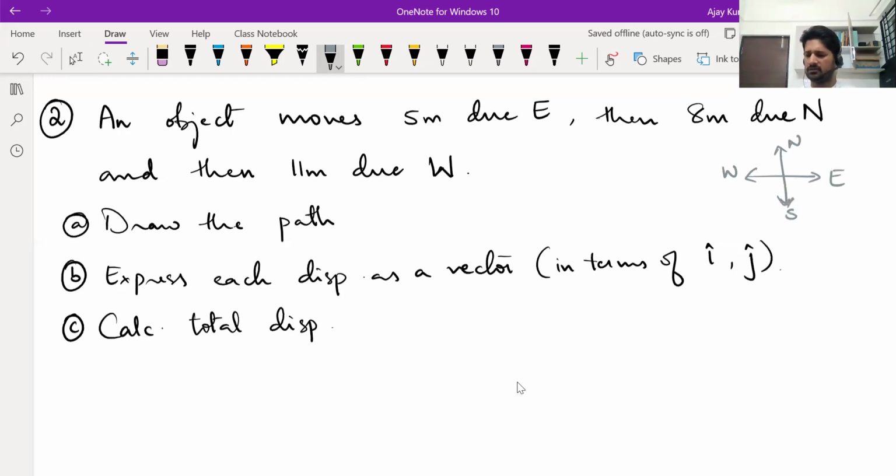But now we have to make it mathematical in order to add and find the total displacement. Consider east as x, north as y, west becomes negative x, south becomes negative y. That's how you make the situation mathematical. Go ahead, solve this question, all of you.